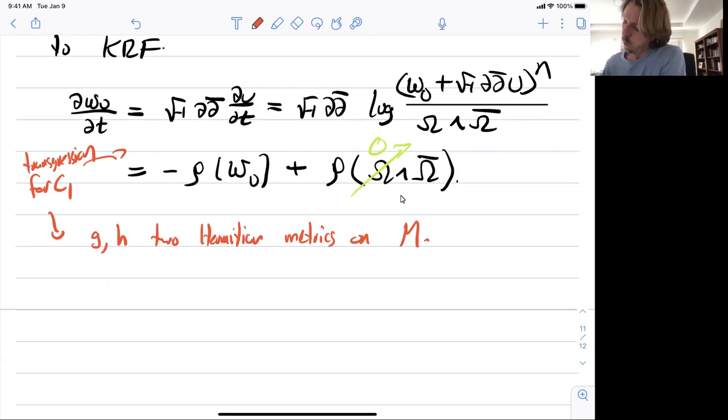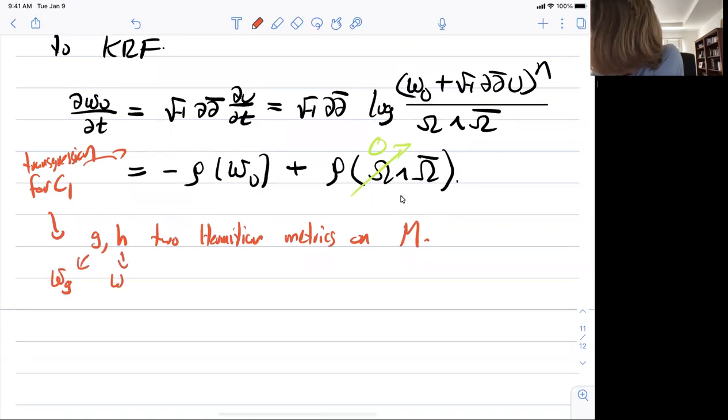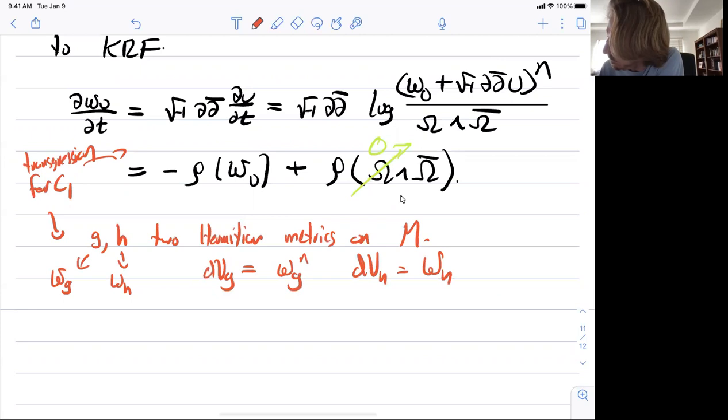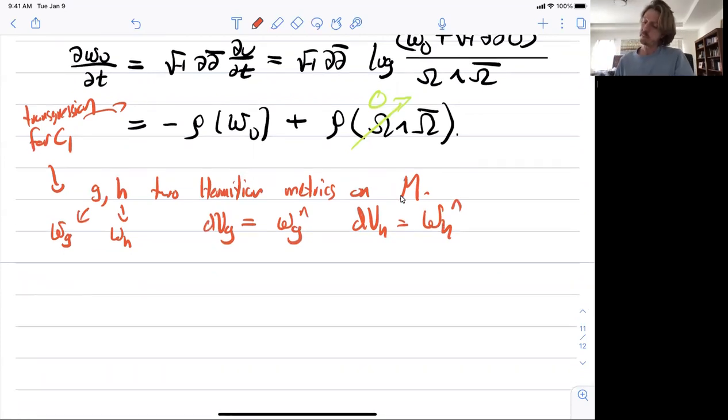And they induce volume forms, also Kähler forms. Let me maybe call them omega G and omega H, and then I have dVg is omega G to the n, dVh is omega H to the n.